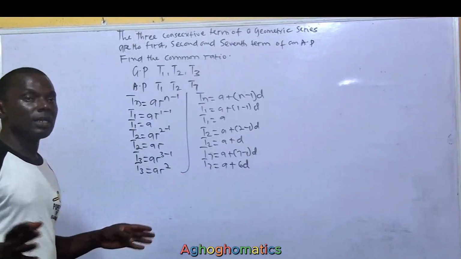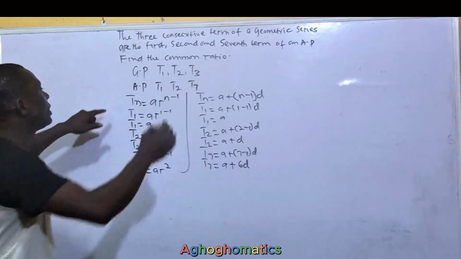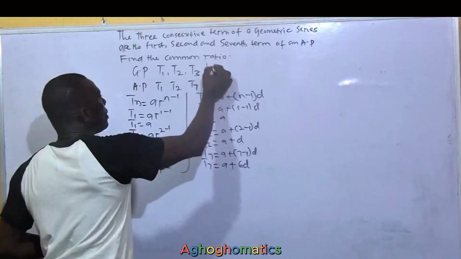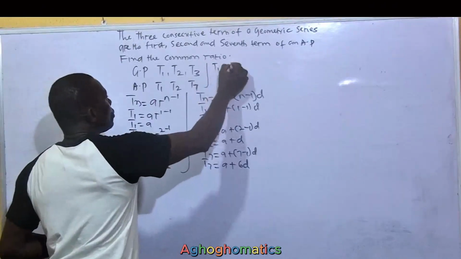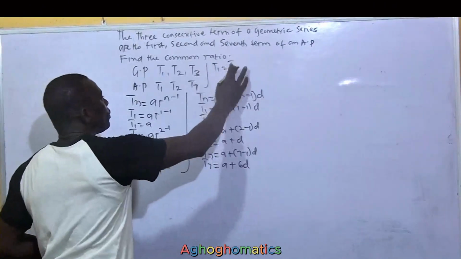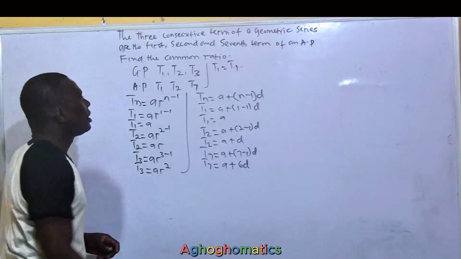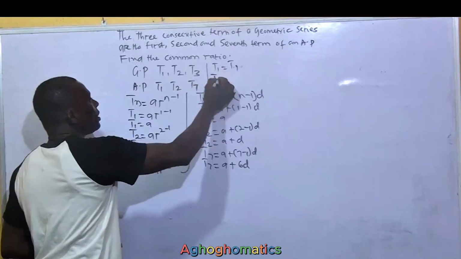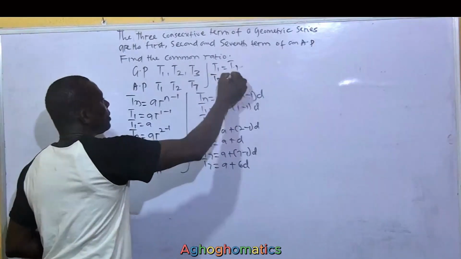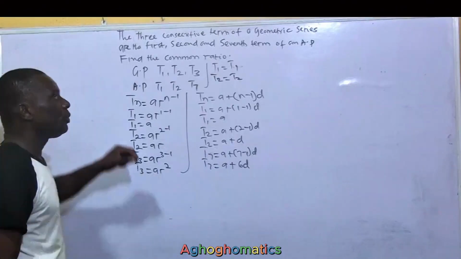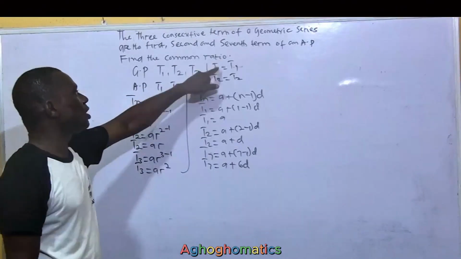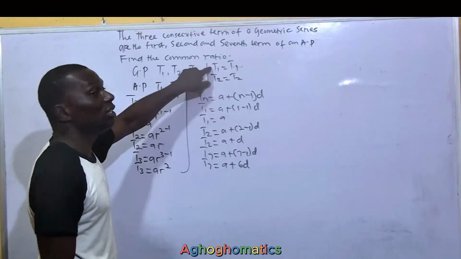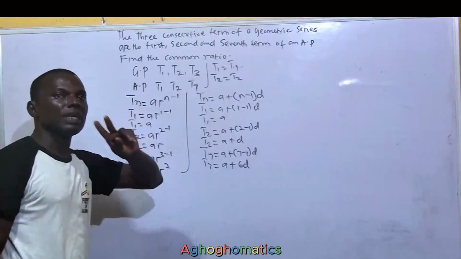So I see these terms, they are equal. The T1 is equal to T1 for both. Then T2 is the same thing as T2 for both AP and GP. So let's equate this. We already know that the first term, they are the same.